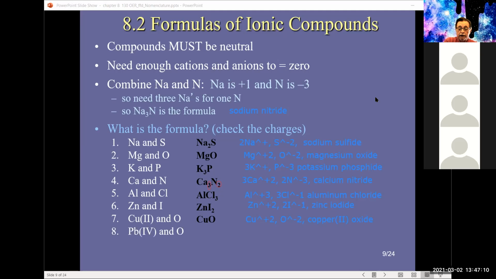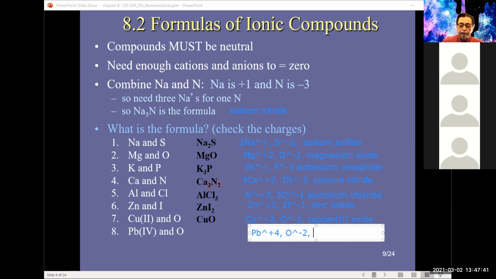Okay. There's another example. We've got Pb, which is lead. And they're telling you Roman numeral 4, which is lead +4. So we've got Pb in that oxidation state, and oxygen becomes oxide, which we know from the previous example is a -2.